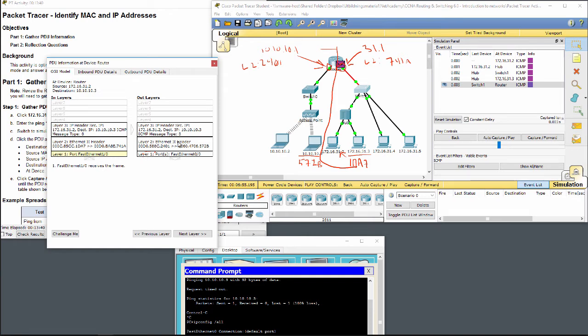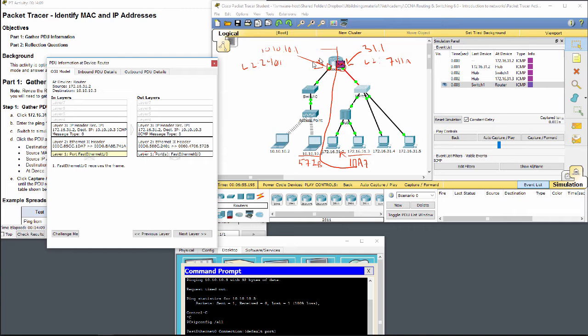So the layer 3 source and destination is unchanged during the entire travel of the packet, while the addressing on layer 2, after the packet is being routed and when it is sent out on this left interface, has a source layer 2 address of 2401, and it has a destination MAC address of 572B.